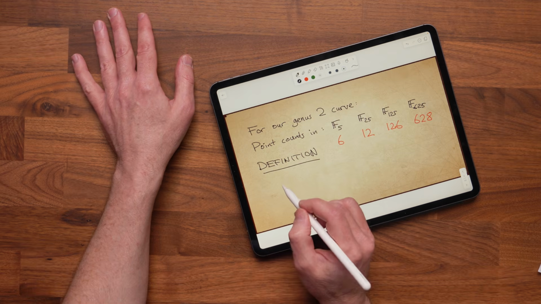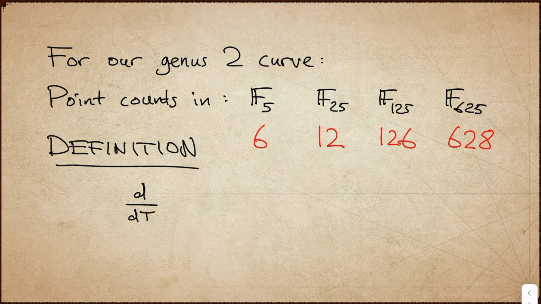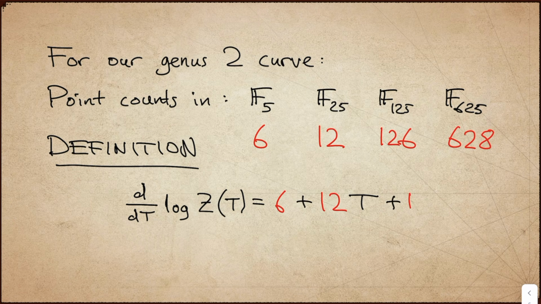And now, we can give the real explanation of what a local zeta function is. The local zeta function Z of t for our specific curve and for the prime number 5 is defined by the property that the logarithmic derivative is equal to the power series of point counts, like this.